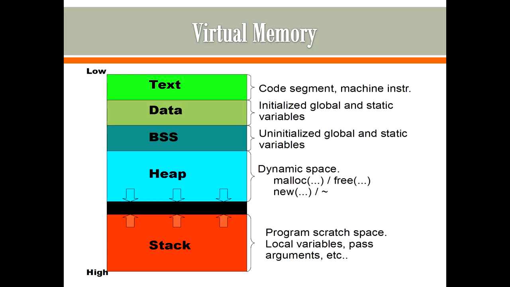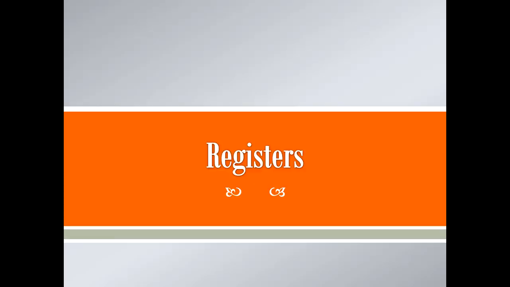Your stack will contain your local variables and is utilized to pass arguments to functions. Lastly, the heap is used for dynamic space. For example, when you dynamically allocate memory using malloc, it will reside in the heap. Let's talk briefly about registers.